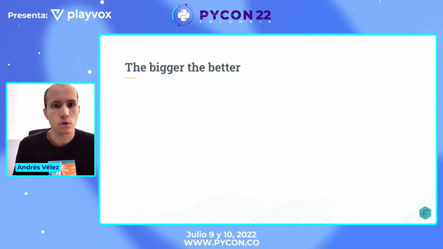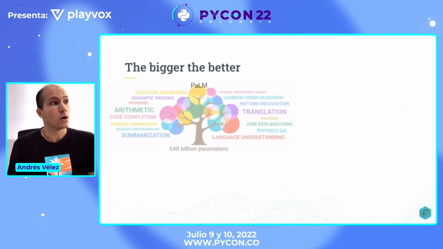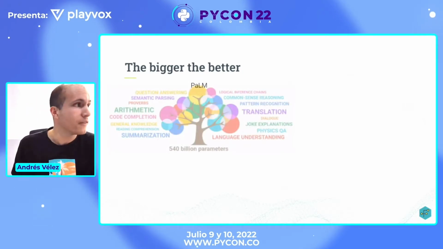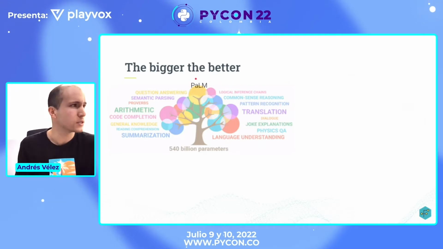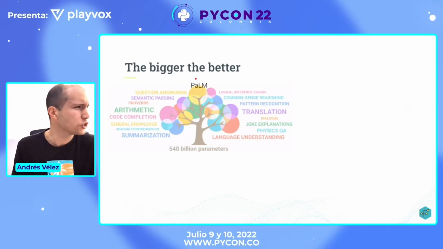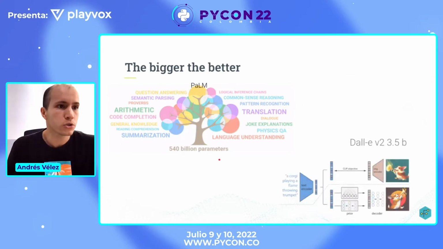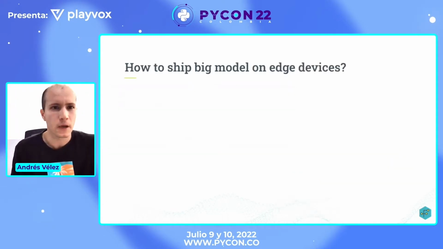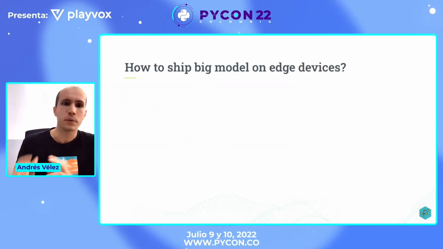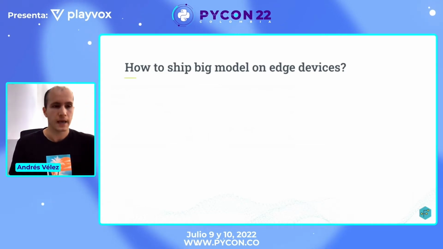This brings us to a question. Additionally, we have also seen some advancements this year, such as the model launched named PaLM, with 540 billion parameters, and also the famous DALL-E 2 with 3.5 billion parameters. This brings us to the question of how to actually deploy these models, or how to use these models on edge devices.